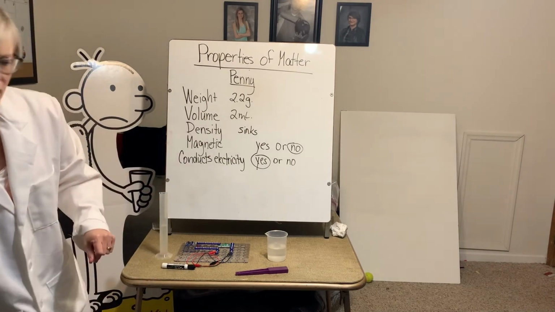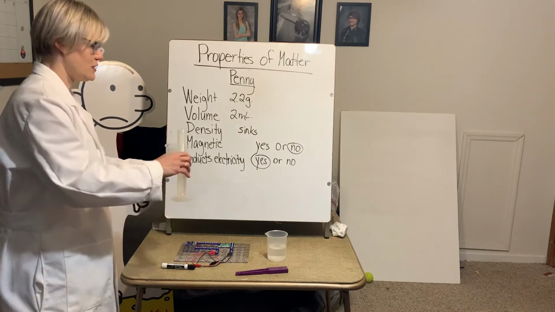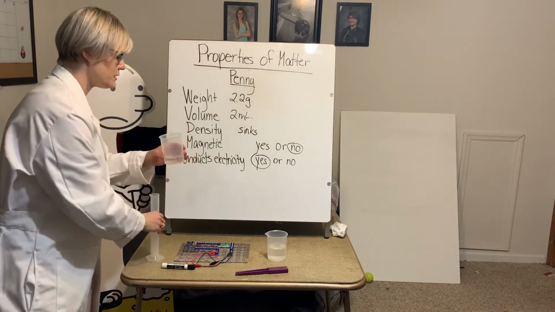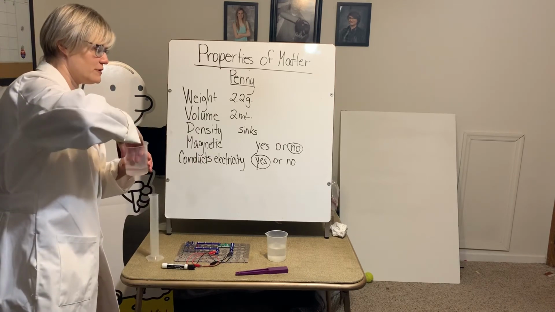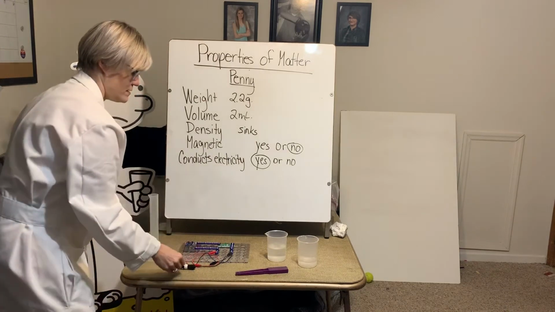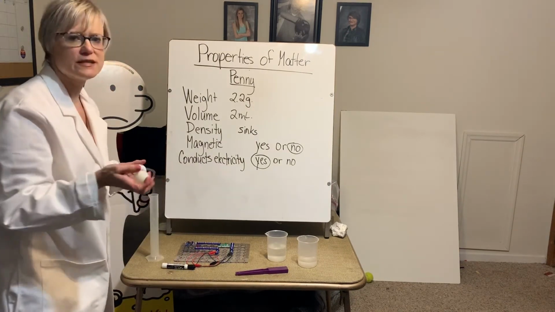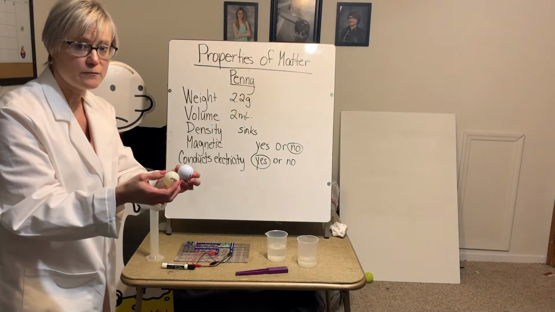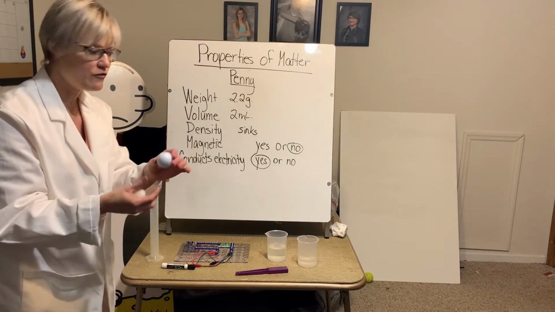Also, I think that I'm going to take this, I don't know how much water I'll get in here. I know how much water I'll get, but I don't know if it'll be enough. Probably not. So let's go ahead and see. Let's see the density of these two, the ping pong ball and the golf ball.